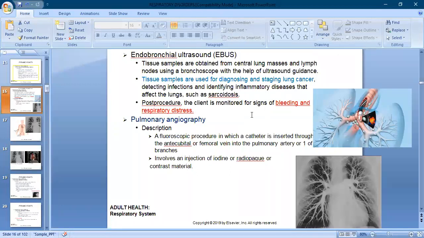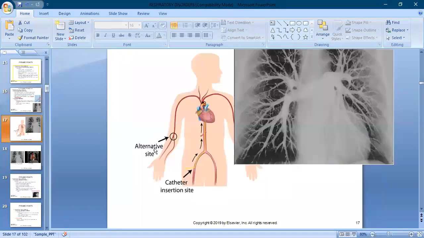Now go for pulmonary angiography. It is a fluoroscopic procedure in which the catheter is inserted through the antecubital or femoral vein into the pulmonary artery. So in this picture, this is the antecubital or femoral artery.